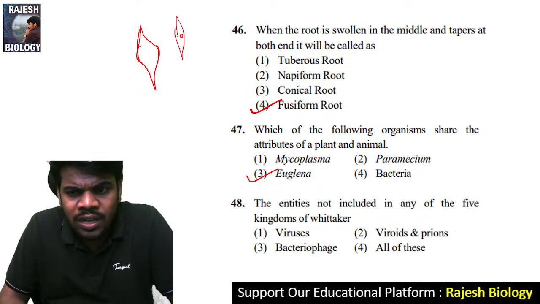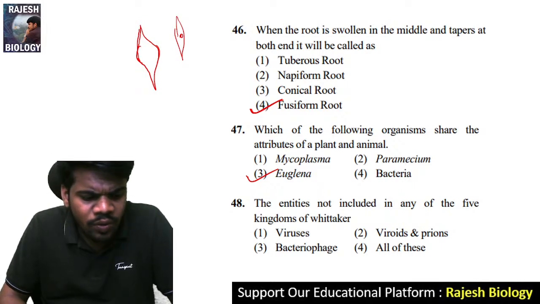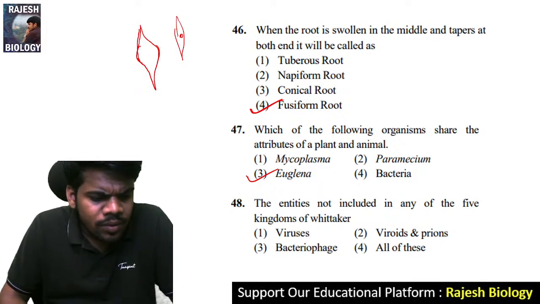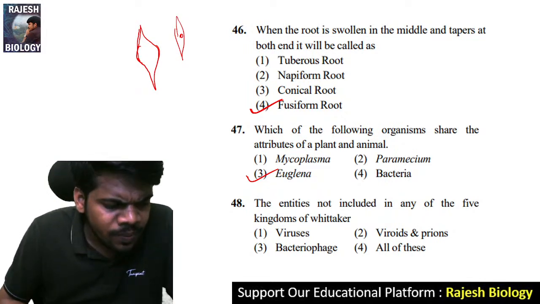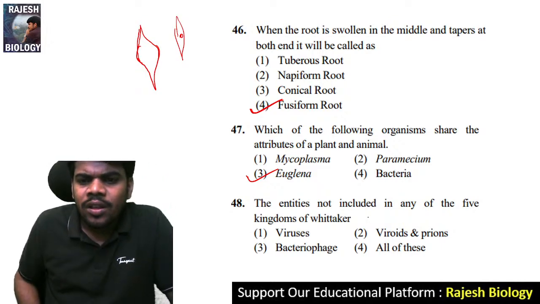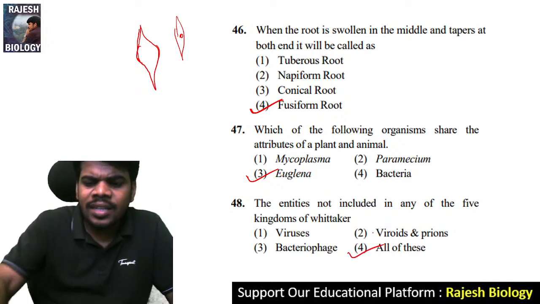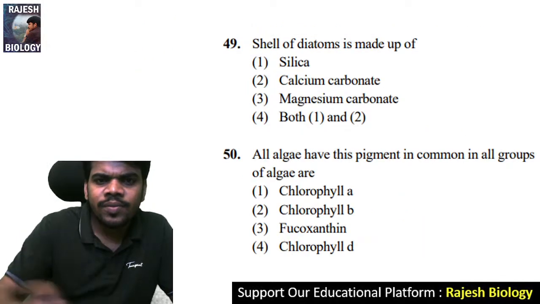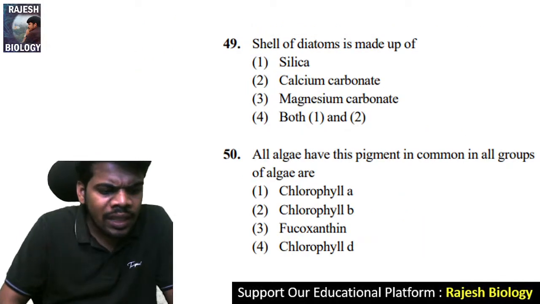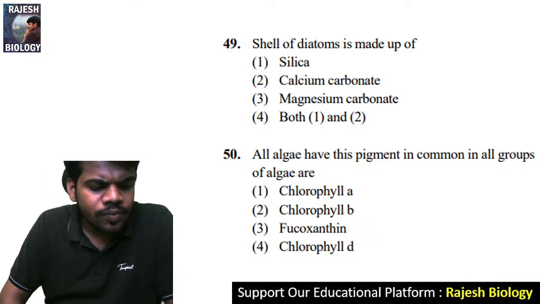Viruses, viroids and prions, bacteriophage. Yeah, Chinnu, right? Jnaneshwari, right? And before all the students, Saujanya, right? These are not entities in the five kingdom classification. These are not kingdoms actually. Come to the 49th and 50th question.